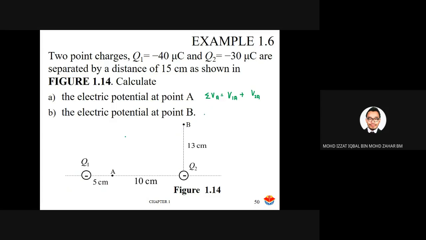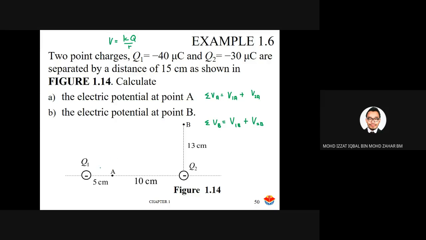Okay, anyway, the second part, electric potential at point B, you have 1 at B plus 2 at B. Okay, the key thing here is that first you need to substitute negative value tu kena masukkan dalam equation. That's the first important part. The second one, you have to use the correct R. So you know that V is equals to KQ over R. Q ni mesti daripada, kalau when we are talking about Q1 then Q1 lah, Q2 Q2.